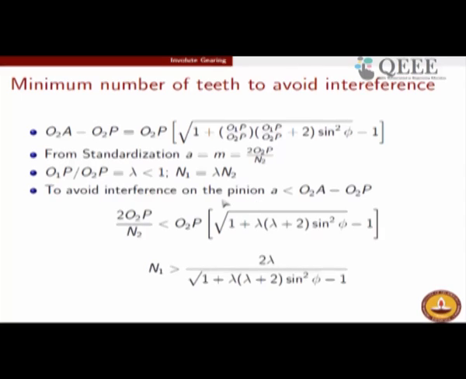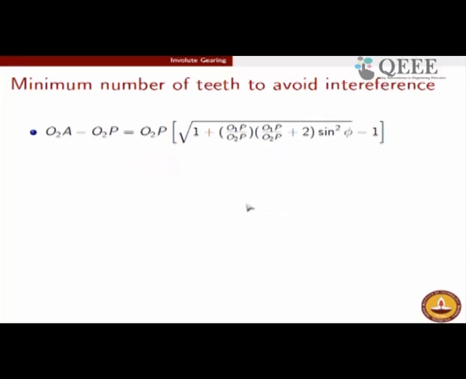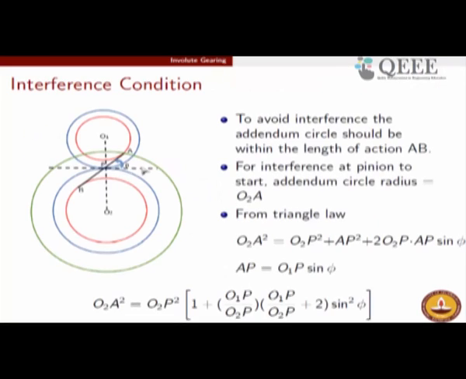To avoid interference, we must have the addendum lesser than what is depicted in this picture. This is just the maximum that you can go, where the interference has just started taking place. If the addendum is lesser than what this picture and this analysis suggests, then the green circle will pass through an interior point, and the engagement will end somewhere here, in the portion above the base circle of the pinion.